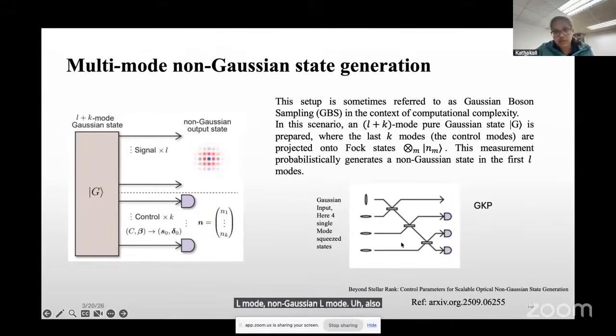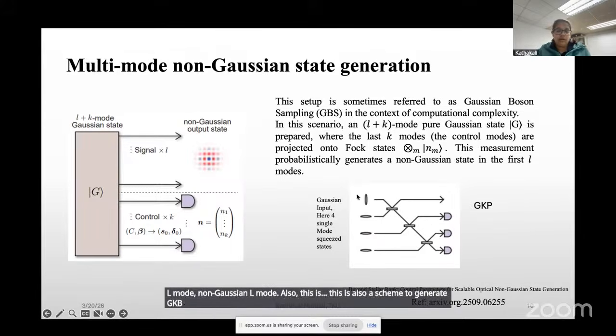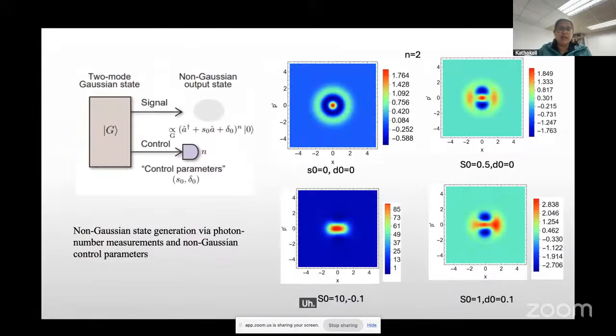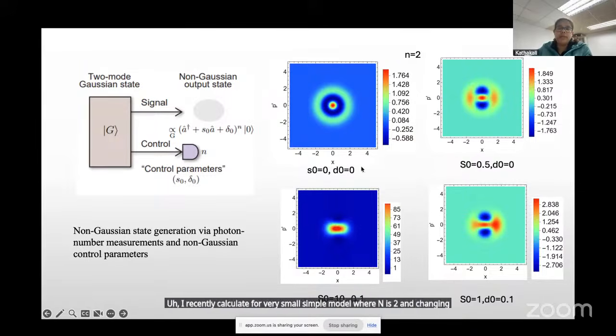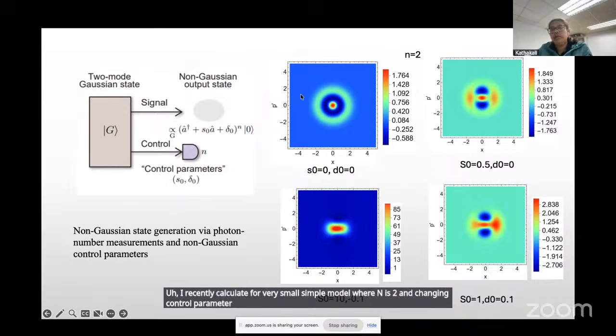This is also a scheme to generate GKP states, where we put in 4 Gaussian states. I recently calculated a very small, simple model where n is 2, and by changing the control parameter, I calculated the Wigner function of the non-Gaussian state produced in the signal mode, while we measure the others.